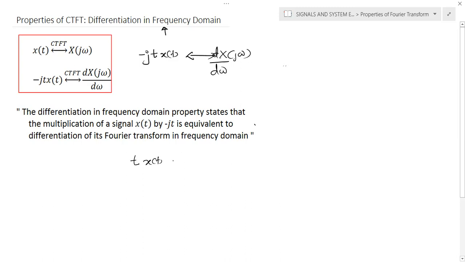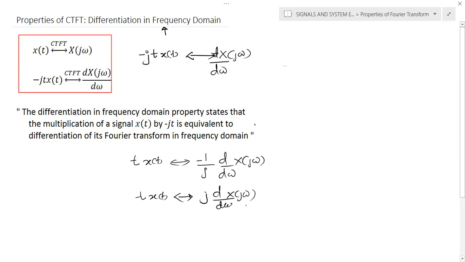If you write t into x of t, it becomes minus 1 by j d by d omega into X of j omega. If you write in this way, and multiply j in the numerator and denominator, t into x of t is represented as j into d by d omega of X of j omega.